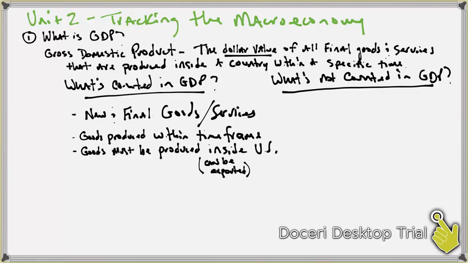And then the last thing here we'll say is all forms of income are counted. All forms of income are going to be counted.